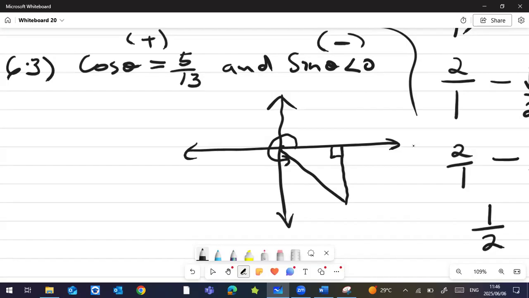Now, looking at our quadrant, remember what we are given there. We are given that cos theta is 5/13. Cosine by definition is adjacent over hypotenuse, meaning this is our angle theta. This will be the adjacent and this will be the hypotenuse. In terms of x, y, r, in terms of the Cartesian plane, the side that is missing here will be that y. Now we must complete. Remember, now we are answering question 6.3.1.